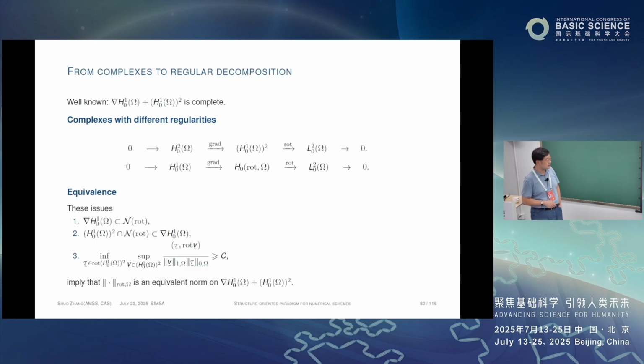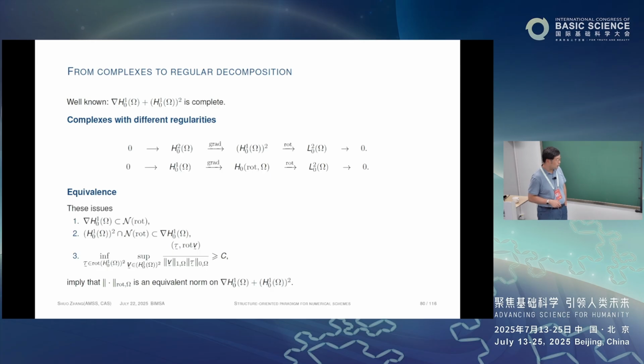From these two complexes, we can get this observation. The first one is that gradient H1 is a subset of the kernel of curl. The second one is that the curl-free part of H1 squared belongs to this gradient H1.